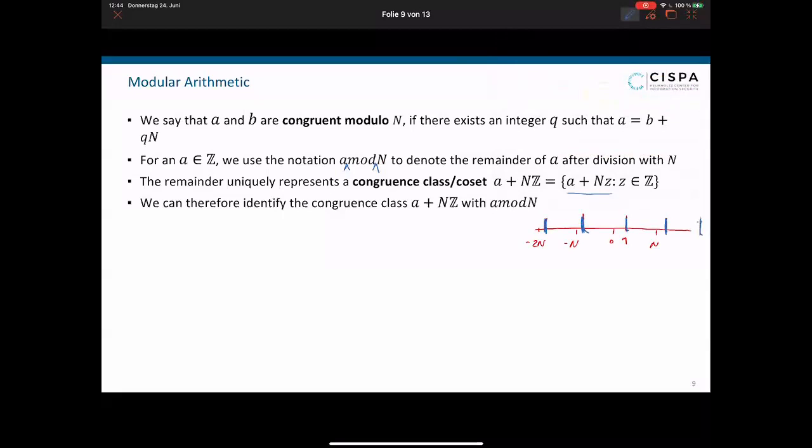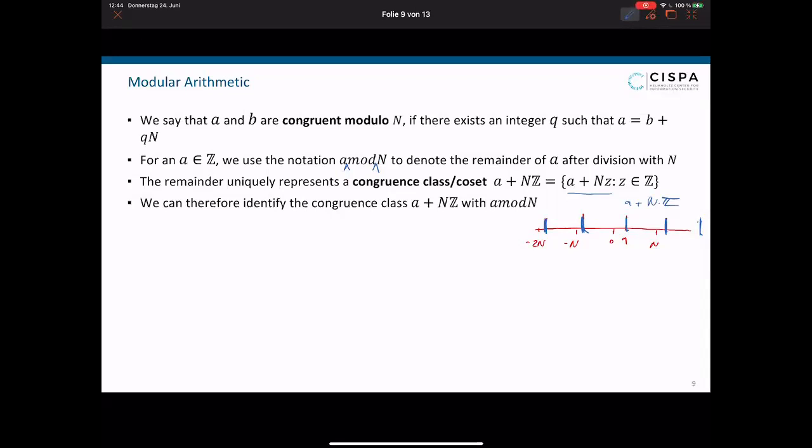This is basically a set where all these elements a plus n times c are included in this set, right? This is our a plus n times z. Good.